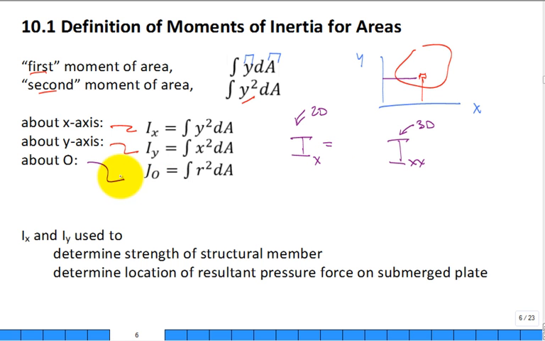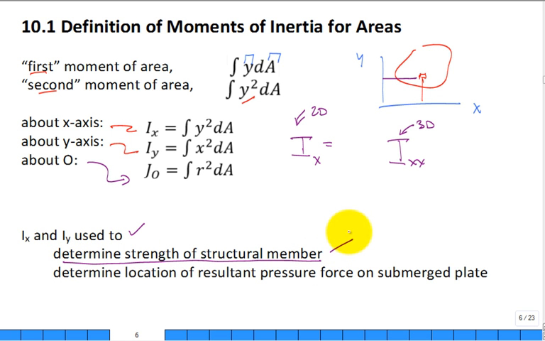Now, I don't emphasize it. There's not going to be an exam problem on it, but you could calculate the polar moment of inertia, and actually that's a great lead-in for dynamics when things start rotating around the point O. That's what they're going to do. So Ix and Iy are used to determine the strength of structural members.